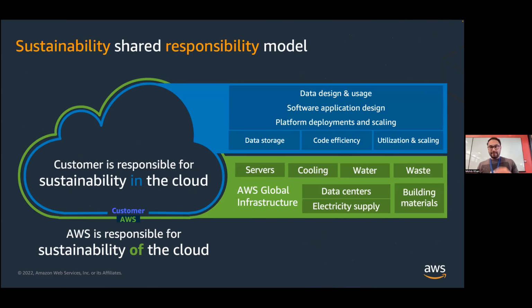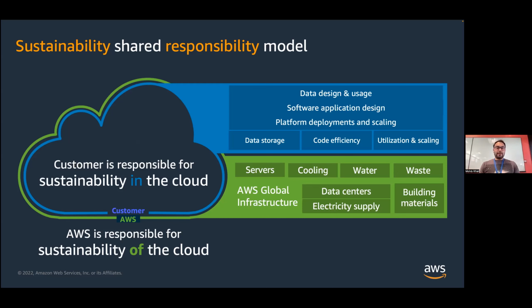This picture will probably seem very familiar to you, as it was discussed in yesterday's session as well. This is the shared responsibility model for sustainability. It shows how AWS helps customers design workloads that are energy efficient and sustainable. AWS designs the buildings, the data centers, the facilities, the telco rooms, the servers, and the overall construction.